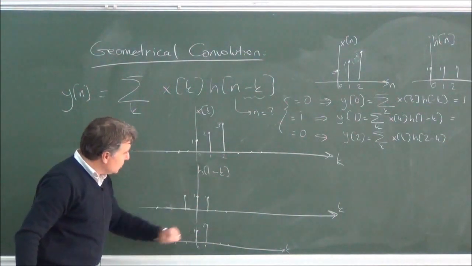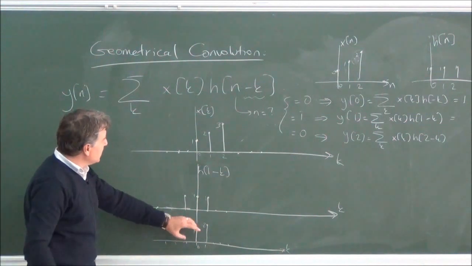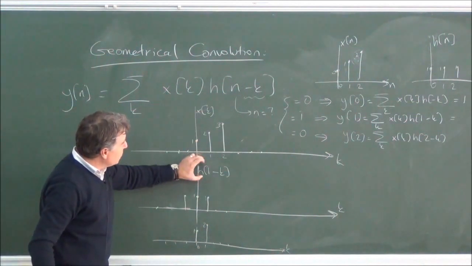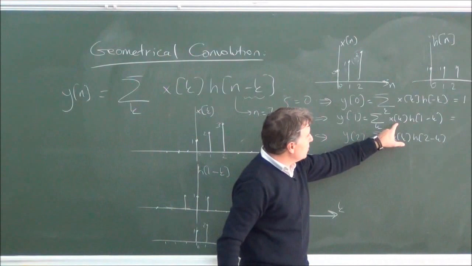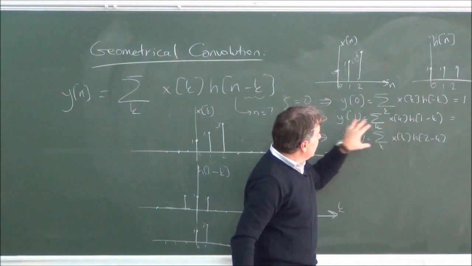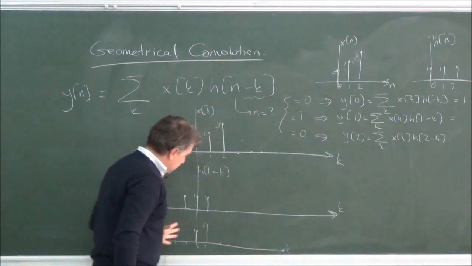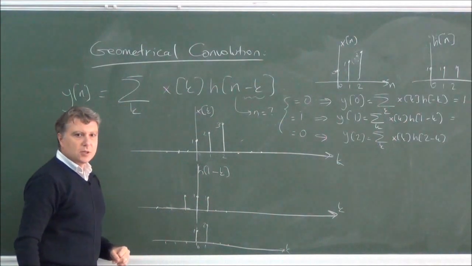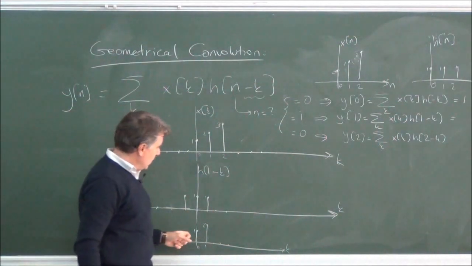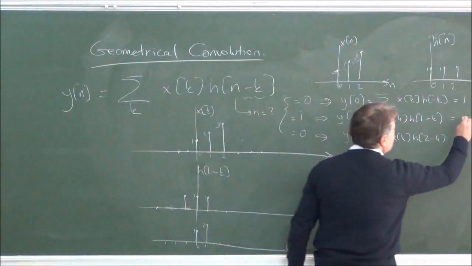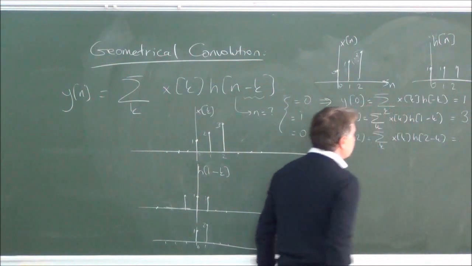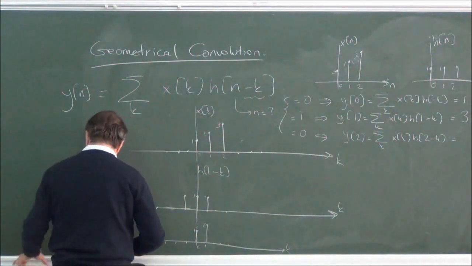Therefore, this is the multiplication of x of k and h of 1 minus k. Let's sum them up for all k's. What's the summation? 3. 1 plus 2. Then let's continue.